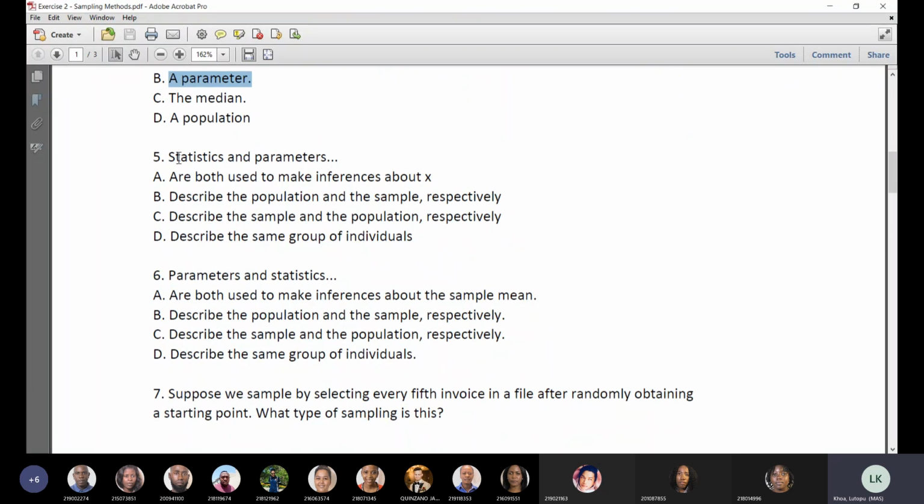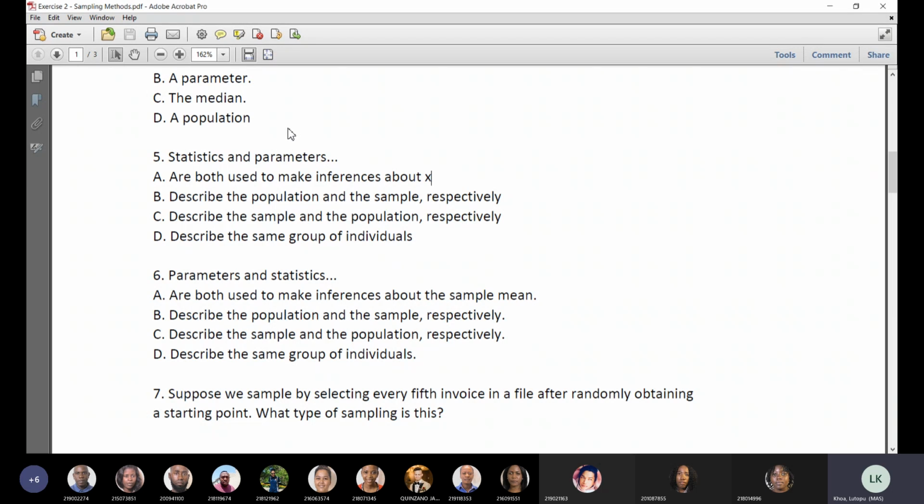Number 5, statistics and parameters: A, are both used to make inferences about X. B, describe the population and the sample. Read the word respectively. Describe the sample and the population respectively. C, describe the same groups of individuals. So we know it is not A because statistics come from samples, parameters come from populations.